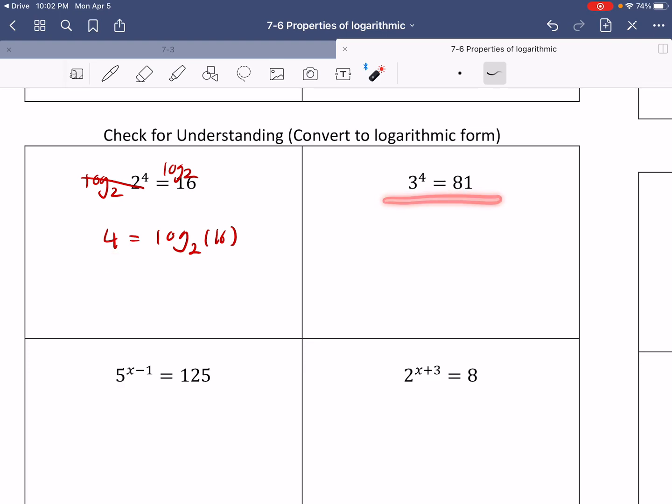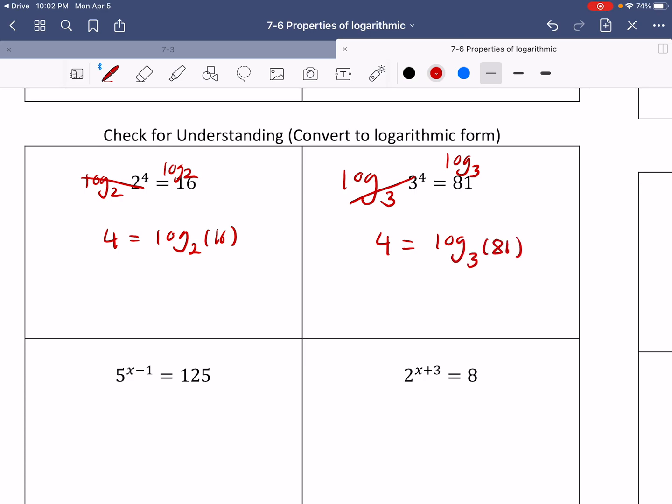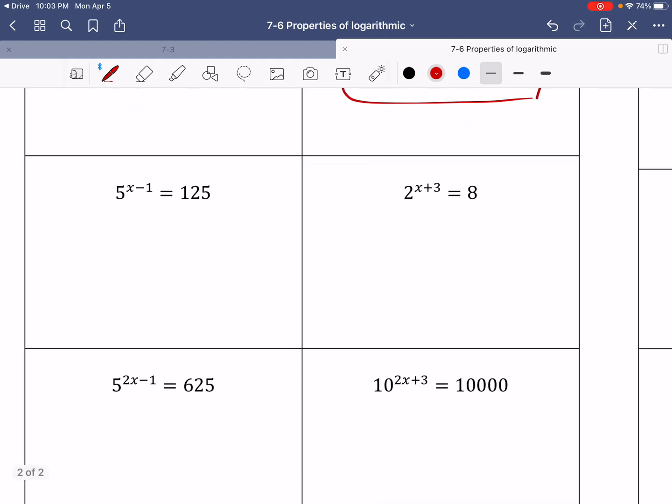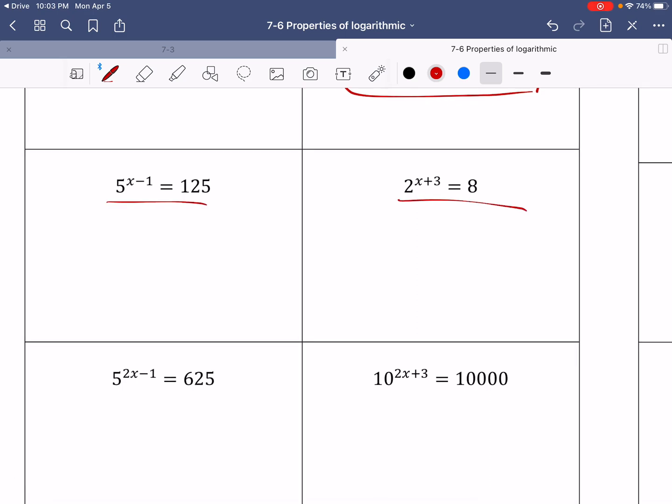Let's try this question. Log base 3 both sides. Okay, so this will disappear. You're gonna get 4 equals log base 3 of 81. Okay, so you can try these questions by yourself.